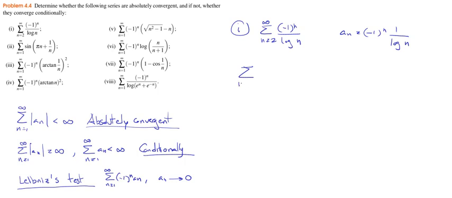The series of the absolute value: the absolute value of (-1)^n is 1, so we have 1 over the absolute value of the logarithm, but the logarithm for natural numbers greater than 1 is positive.